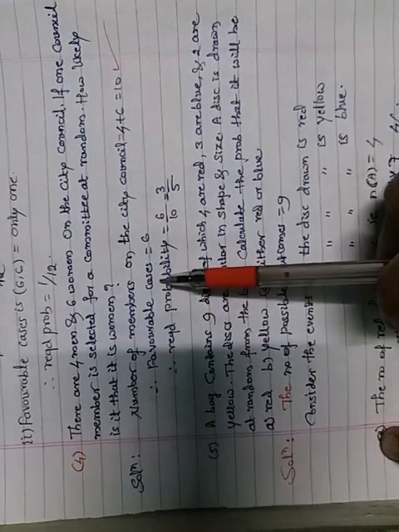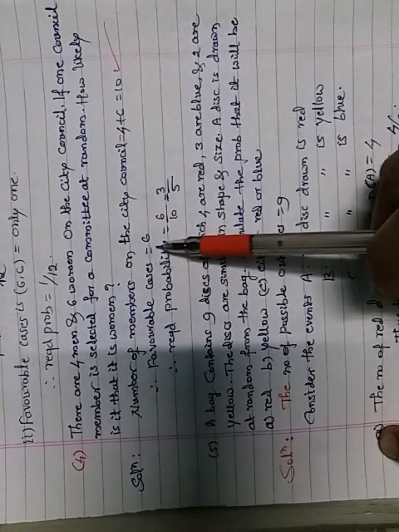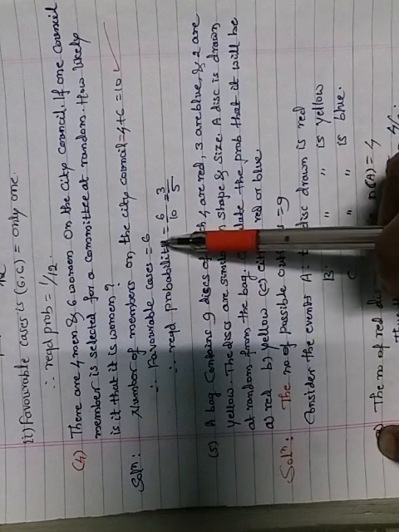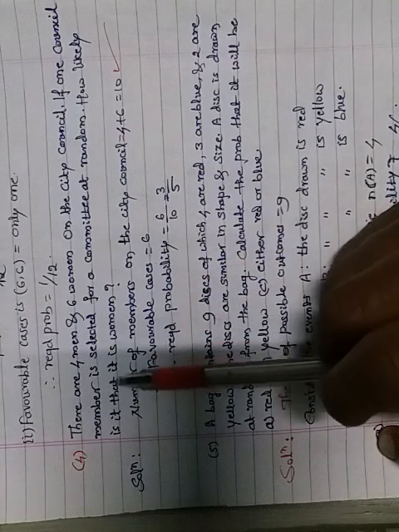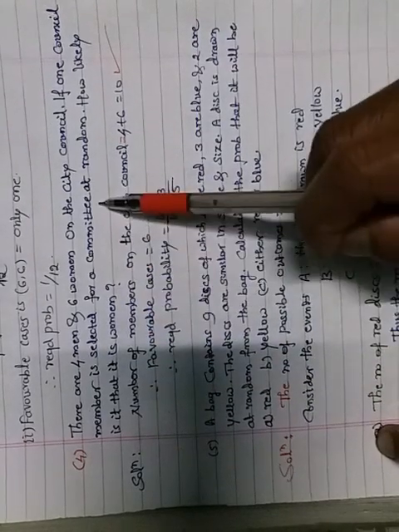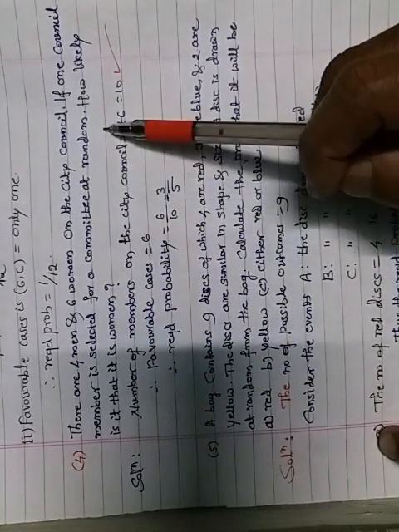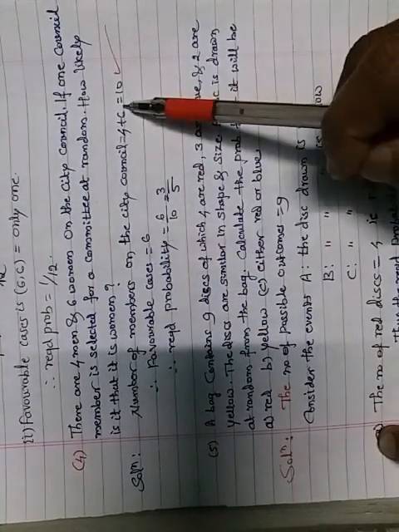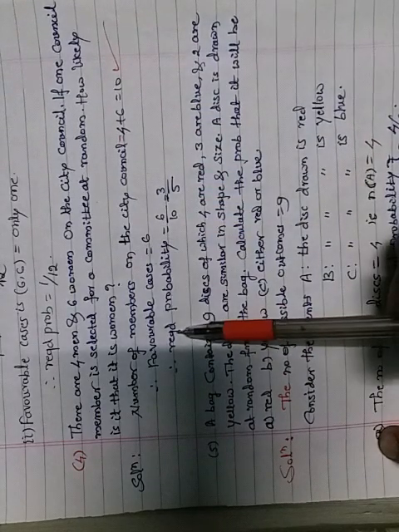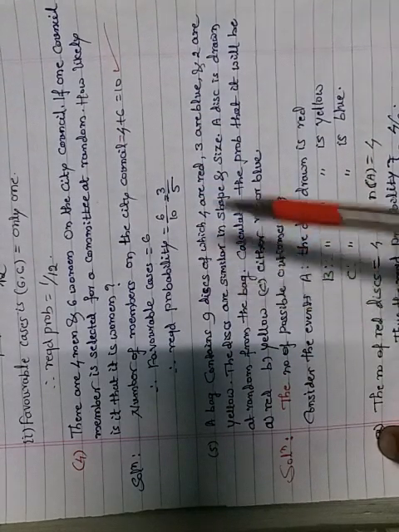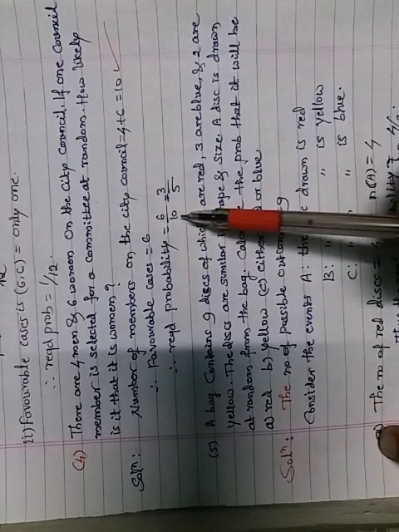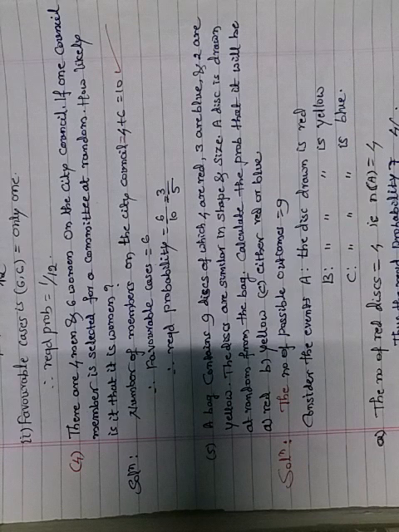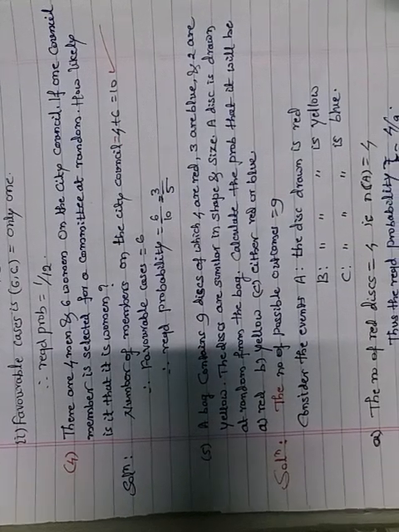Hence, the required probability equals 6 by 10, which equals 3 by 5. Am I right here?